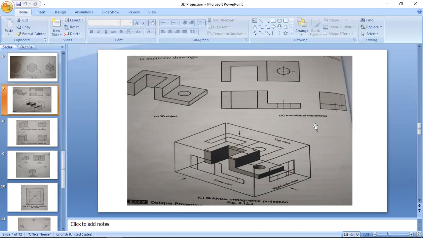Most of the drawings produced and used in industry are these multi-view drawings, and these are used to provide accurate three-dimensional object information on a two-dimensional medium. It means this three-dimensional object or its faces are transformed and shown in a 2D view plane, so that you get a clear idea about multi-view drawings.